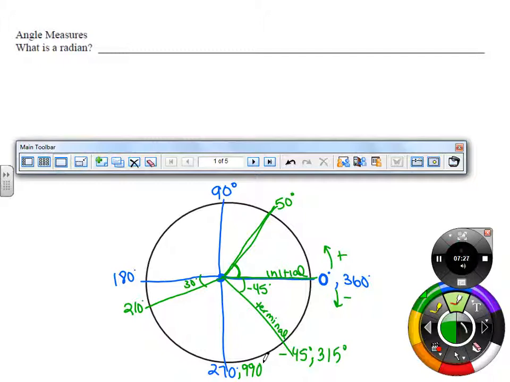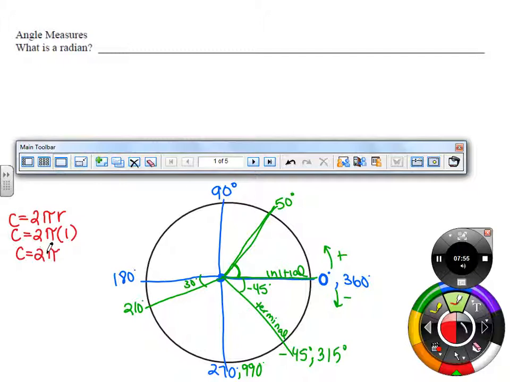Okay? So the easiest way to understand the radian measure is to remember your circumference formula. Does anybody remember how you calculate circumference of a circle? 2 pi r. Good. Okay. Now let's say I dictated that the radius of the circle was going to be 1. Okay? If the radius of the circle is forced to be 1, what is the circumference of the circle going to be?